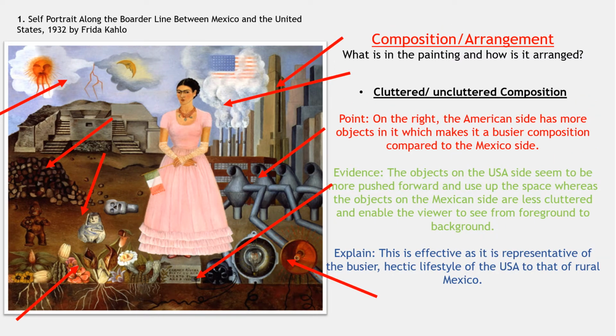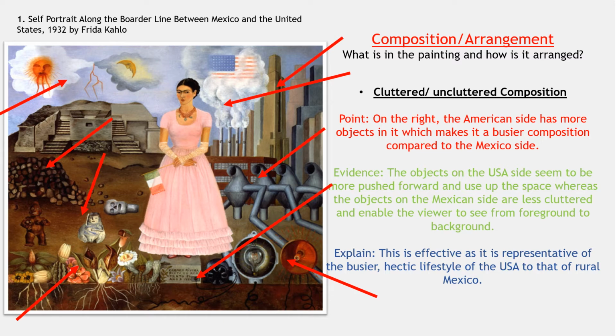A second point you could make about the composition of the painting by Frida Kahlo is that there is both a cluttered and uncluttered composition depending on what side you are looking at. So your point could be that the right hand side, the American side, has more objects in it, which makes it a busier composition compared to that of the Mexico side. And where can we see that in the painting?